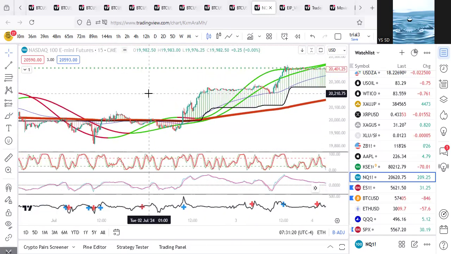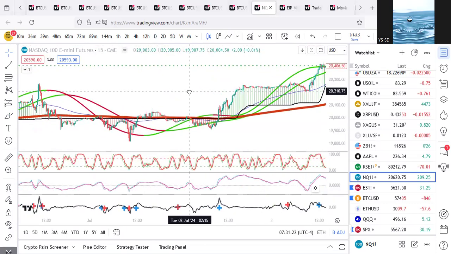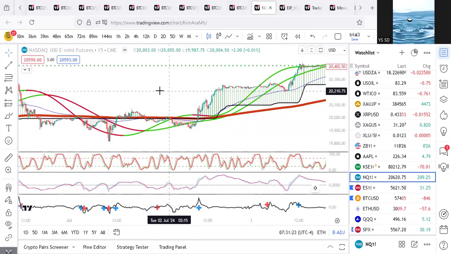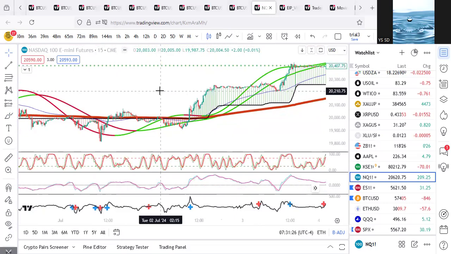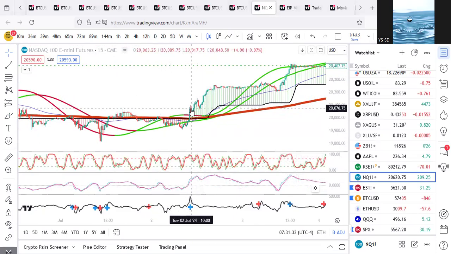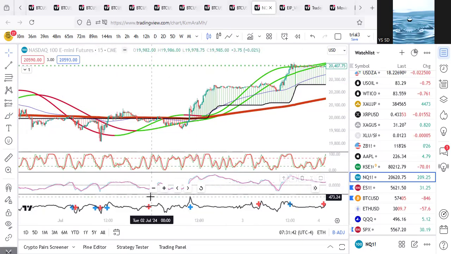Let me show you how we could have done it. I'm going to first discuss the trend following, and after that, the trend reversal. On Tuesday, price broke above like this, and the Holy Grail was above the zero line, and we had a bullish cross.